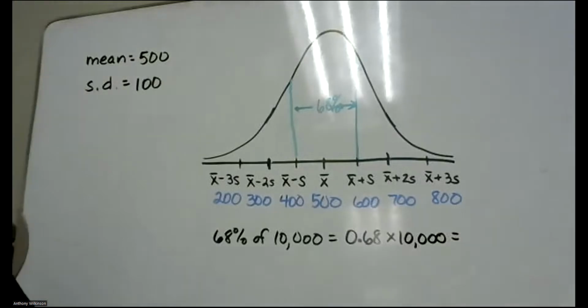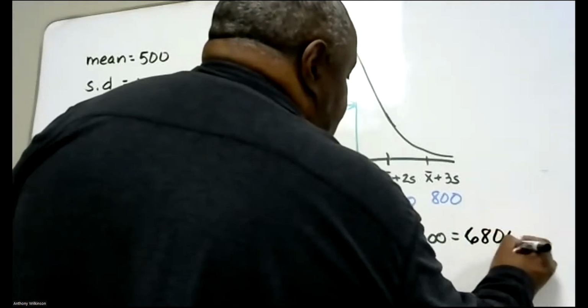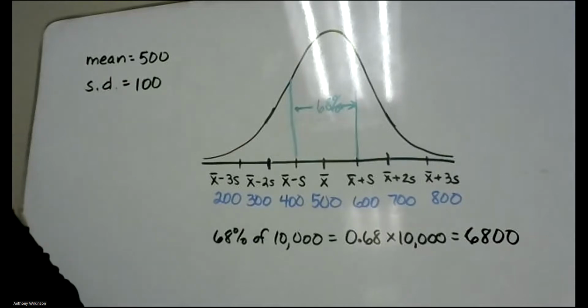And what would that be? 6,800. So that means that 6,800 students are within one standard deviation of the mean. They scored between 400 and 600.